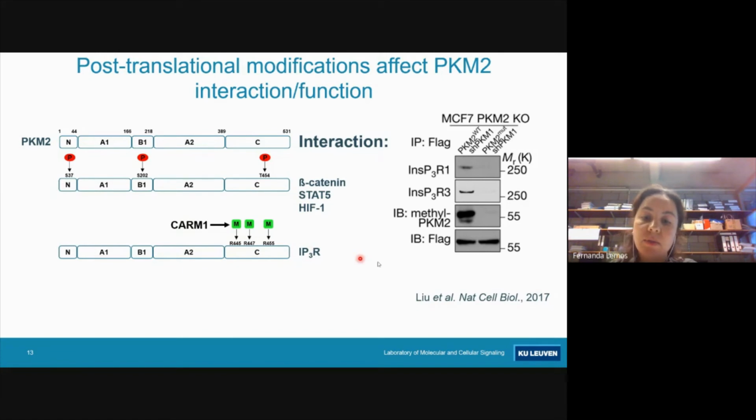This result was shown by Liu and collaborators, and what they did was mutate PKM2 in order to avoid this methylation. They substituted arginine with lysine, and this non-methylated mutant of PKM2, as you can see here, cannot interact anymore with IP3 receptor type 1 and type 3 in this breast cancer cell line.